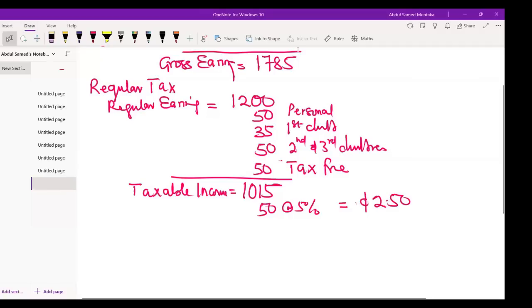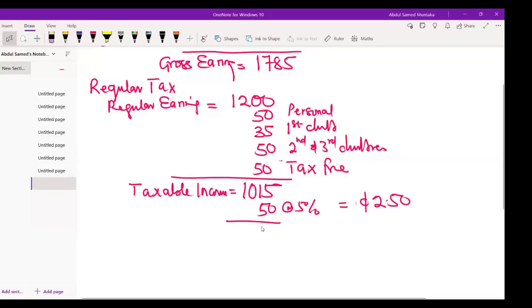You are holding calculators. You refuse to do what is right. That 45 you are talking about is coming from the 1.5 times 30. Somebody asked that question, and I took my time to explain to the person. So it is either you are not listening or you are not following.